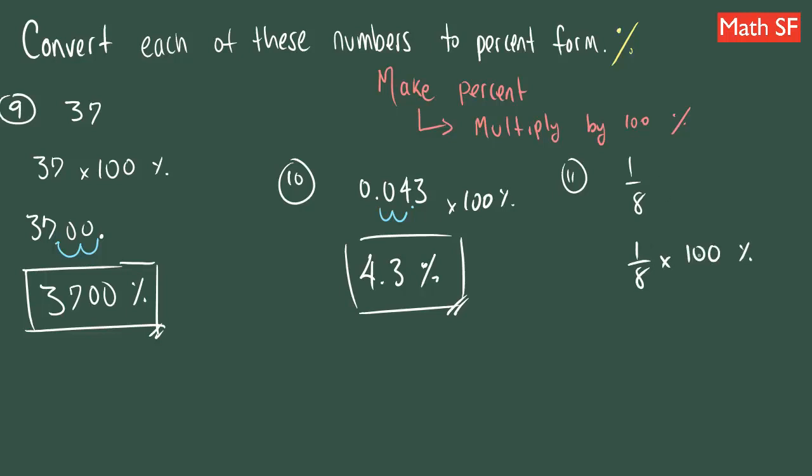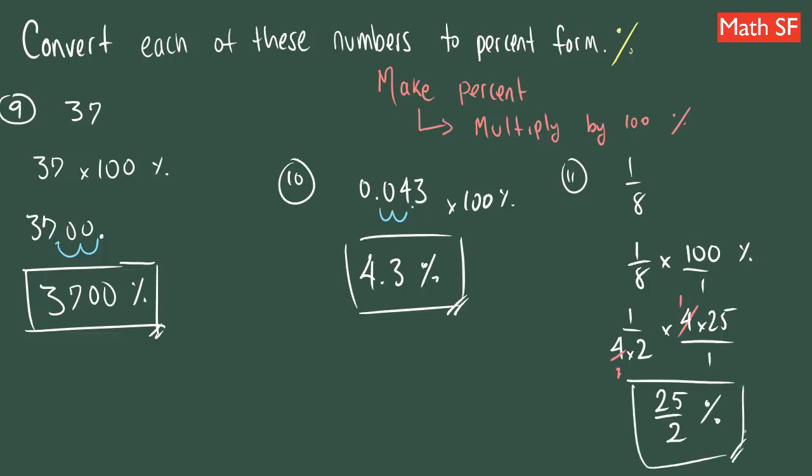So let's do this the same way as we used to do. 1.8 is 1 over 8... 100 is 4 times 25 over 1. Now you can cancel out, because reduce if possible. You have 1 goes 1, 25 over 2%.